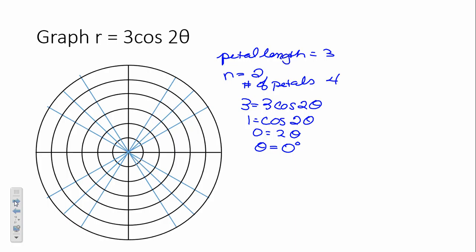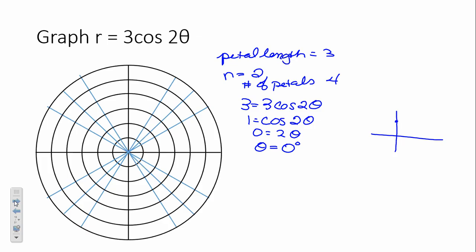It would still be 0, but it can pull it in the opposite direction. So your first petal can be on this opposite side. Okay. So we say, where is the cosine of theta equal to 1? We think about our cosine graph.